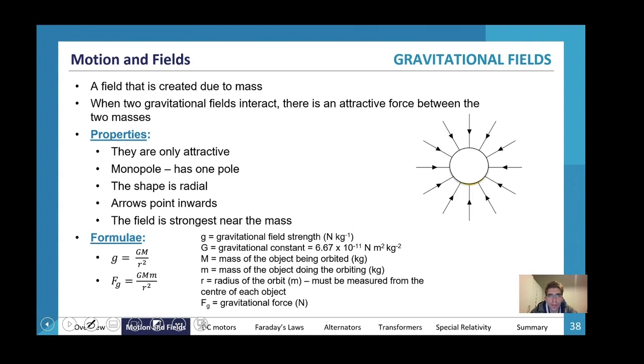The properties are that they only apply an attractive force. It's a monopole, it only has one pole. And the shape is radial. The arrows point inwards and the field is stronger near the mass.